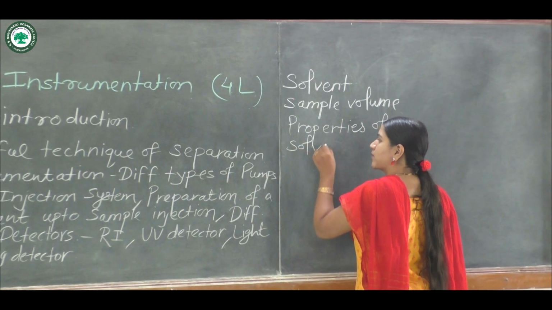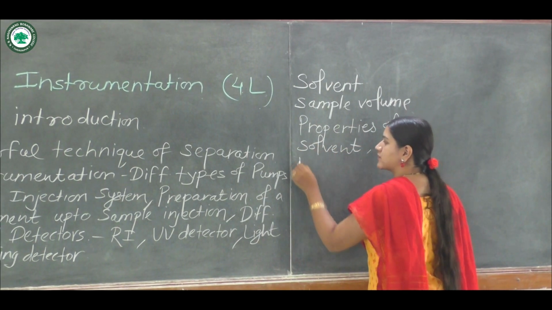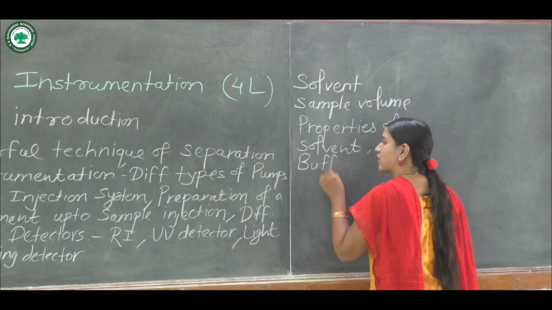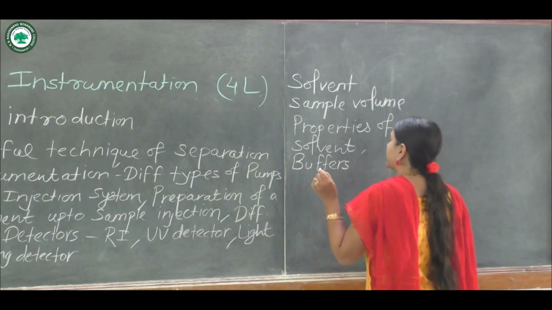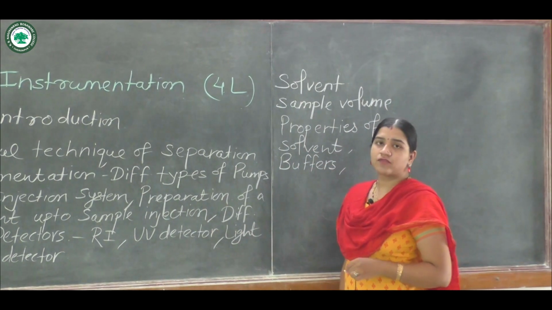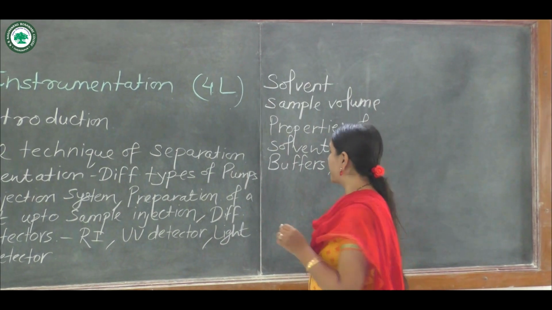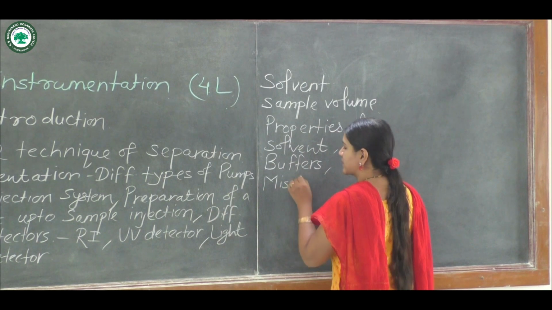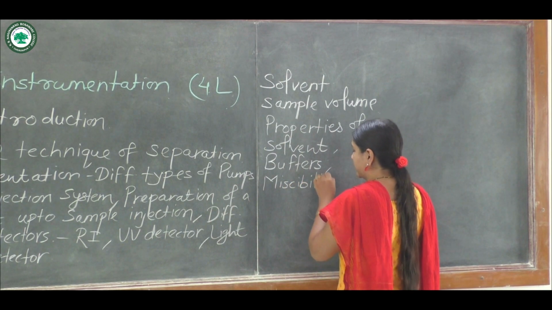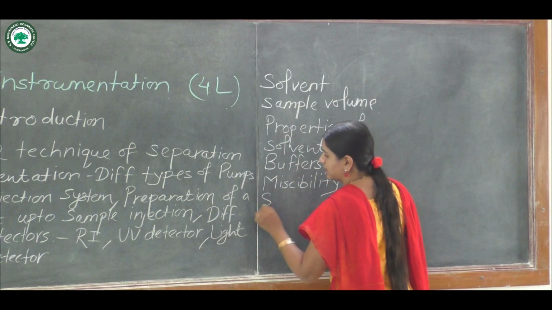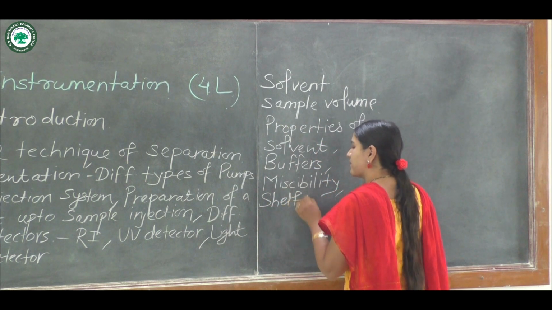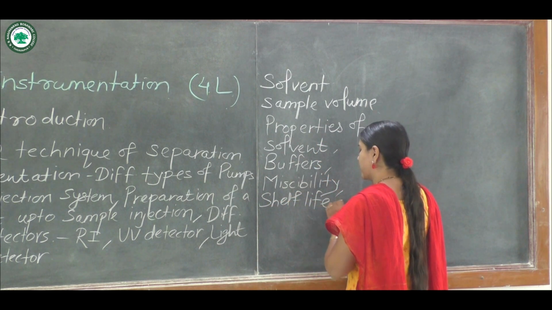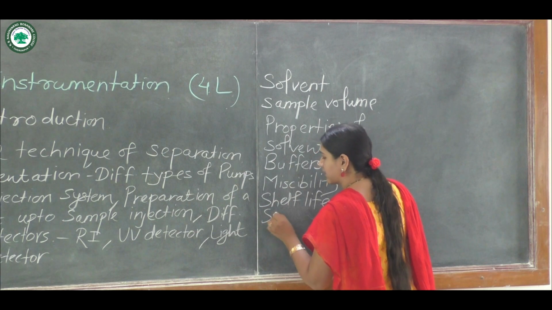After studying the properties of the solvent, the next point that we will study is about the buffers in HPLC. Then after studying the different types of buffers in HPLC, next point is the miscibility of solvents. Then we will discuss the shelf life of solvent.